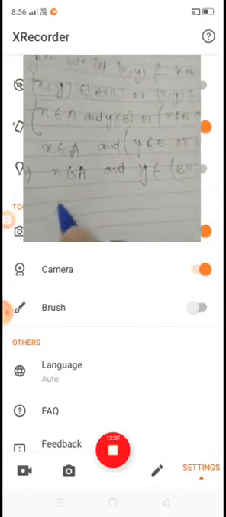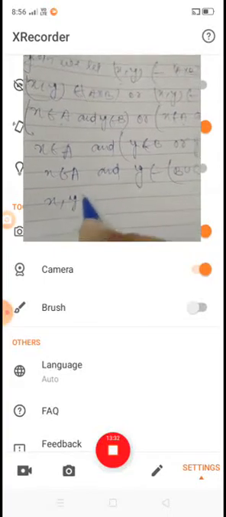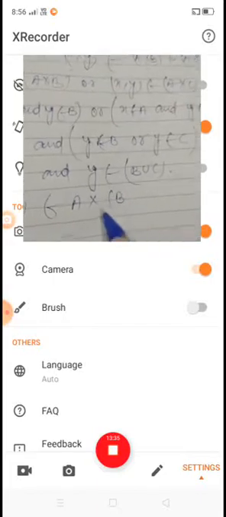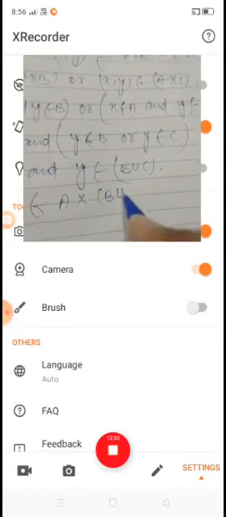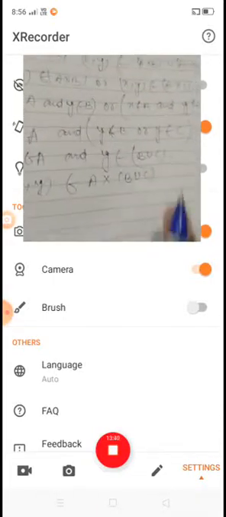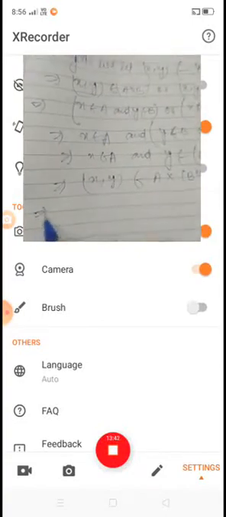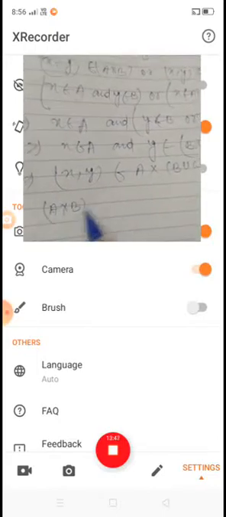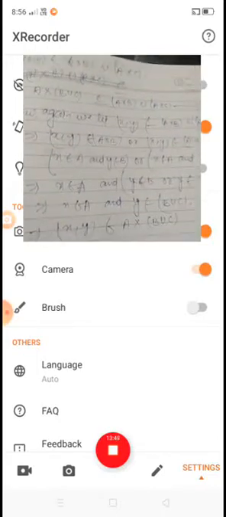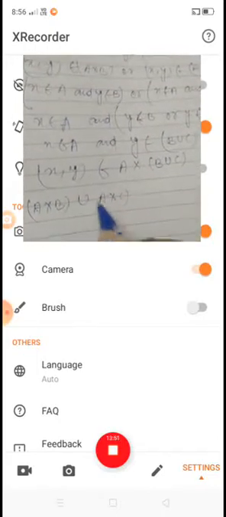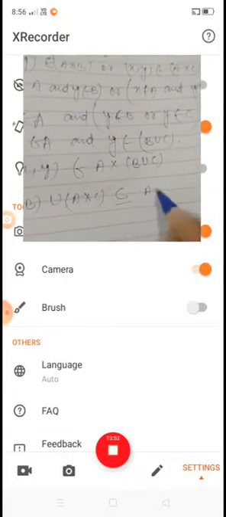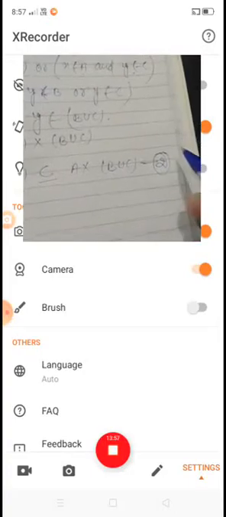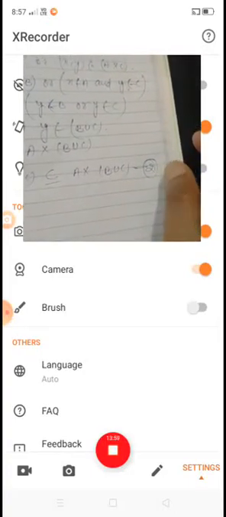So we have the ordered pair (x, y) belongs to A cross (B union C), the Cartesian product of A and B union C. Now we can say that A cross B union A cross C is also a subset of A cross (B union C). Take equation number 2.